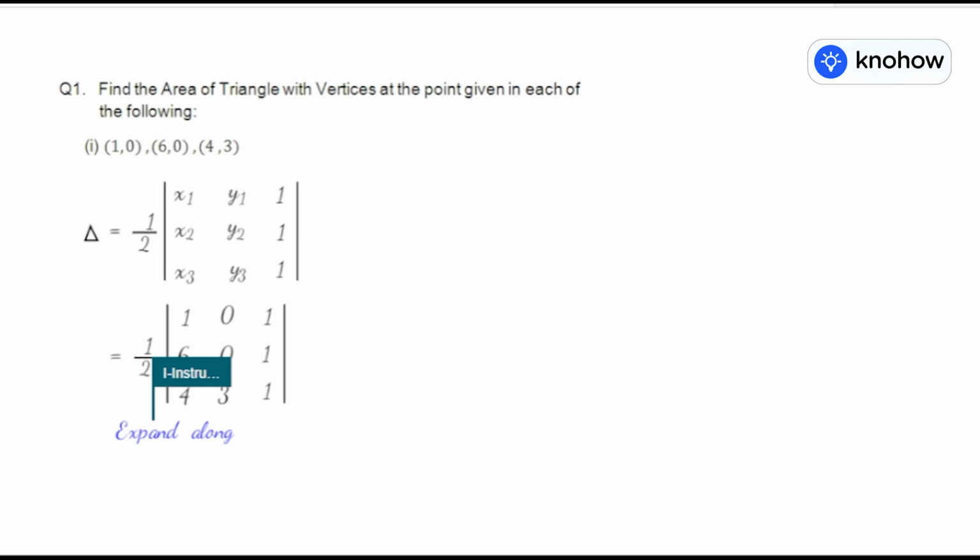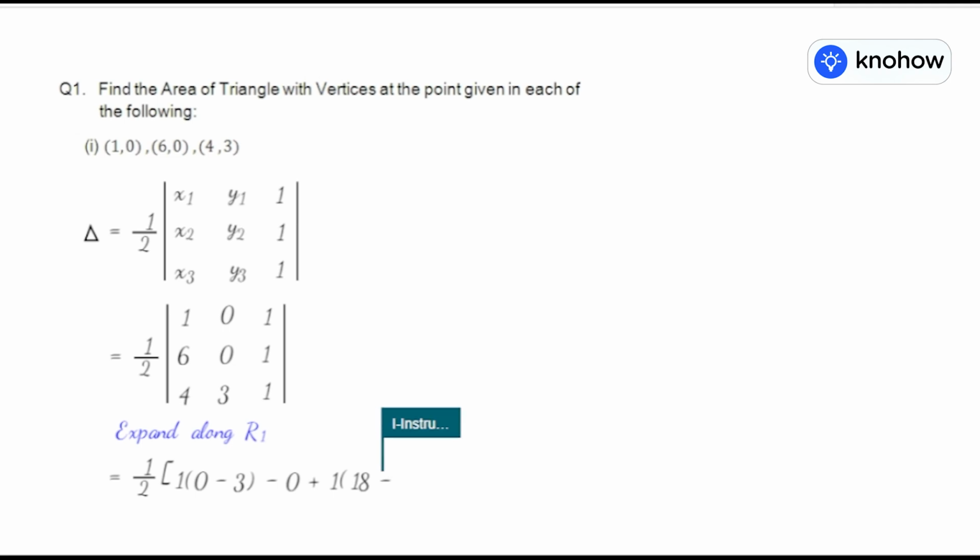In general we can do it with row 1. Half is still out and you expand it, you get 1 times (0 minus 3), and minus 0 times will simply be 0, and plus the third element 1 times, delete the row and column through 1, you get 6 3s are 18 minus 0.